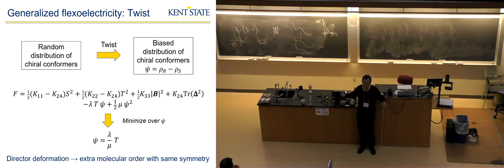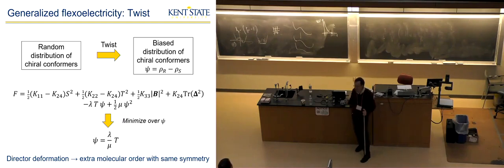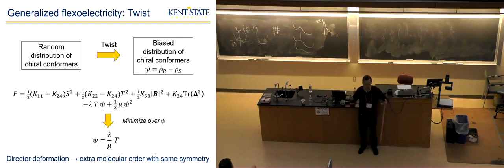So you'll have more of the right-handed conformation and less of the left-handed conformation, or vice versa. So in that situation, you'll have some enantiomeric excess, a biased distribution. In that sense, I would say, a twist, which is a pseudoscalar, could induce an enantiomeric excess, which is also a pseudoscalar. They both change sign under reflections. So again, the deformation induces extra order with the same symmetry.